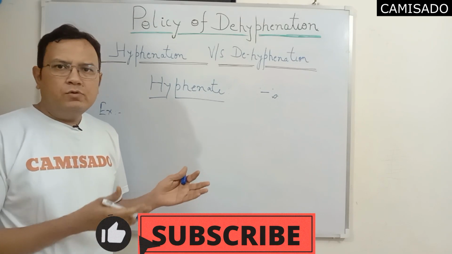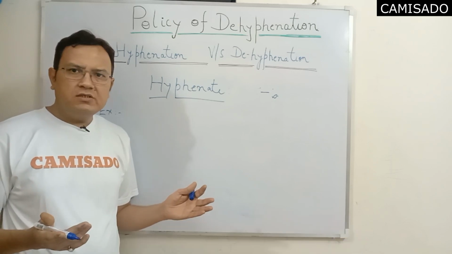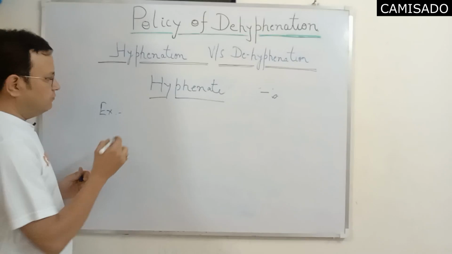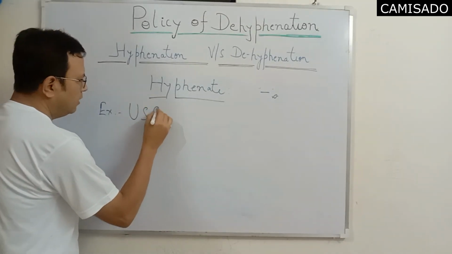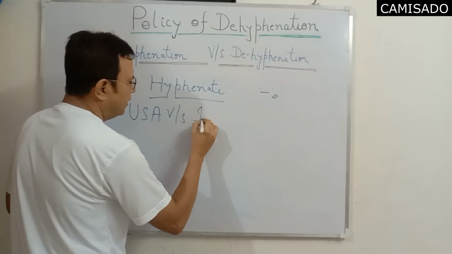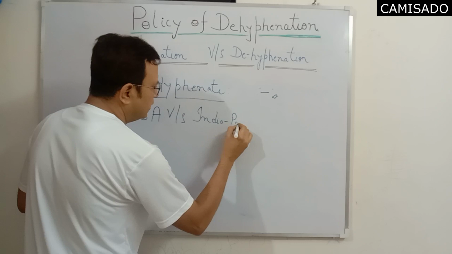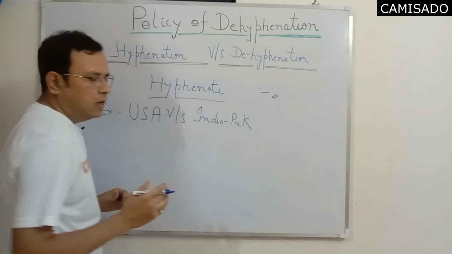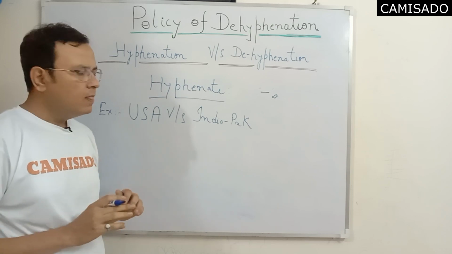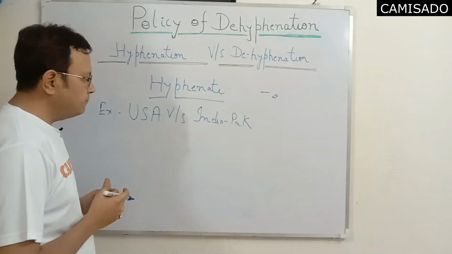Take for instance the United States of America, being a superpower, it has to maintain its relationship with various countries of the world. So take for example here the United States of America. It has its relations with India and Pakistan, and its relations with India and Pakistan go back more than 7 decades, since the beginning, since our independence in 1947.